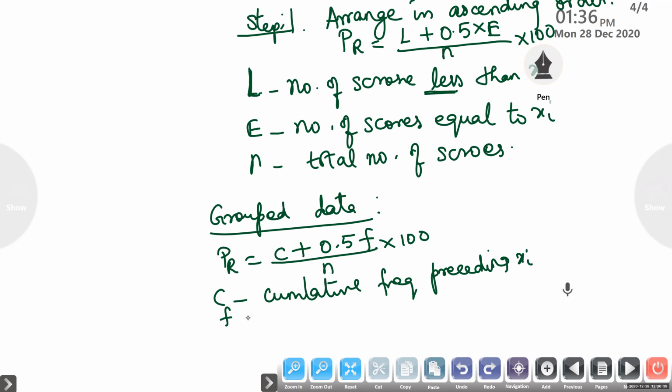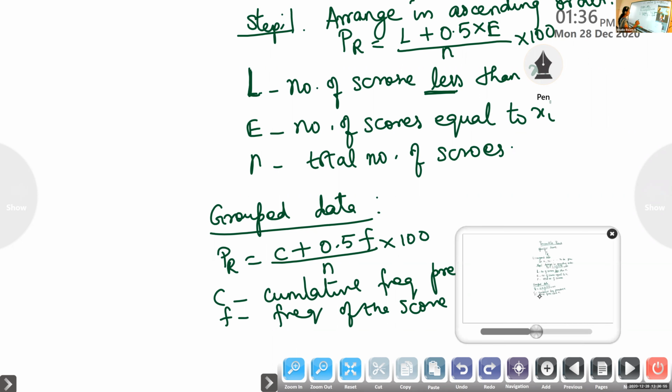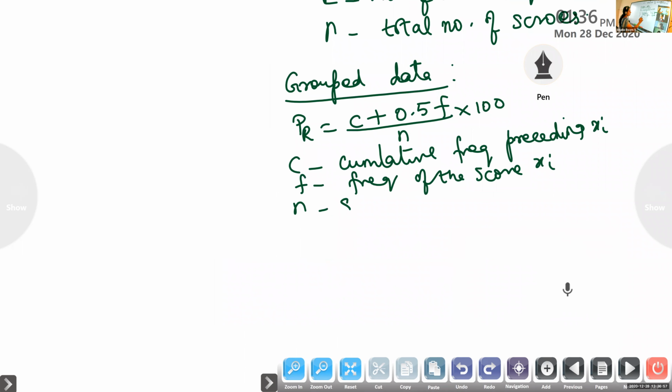F is the frequency of the score Xi. N is the sum of all frequencies.